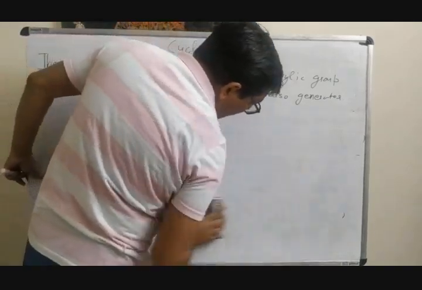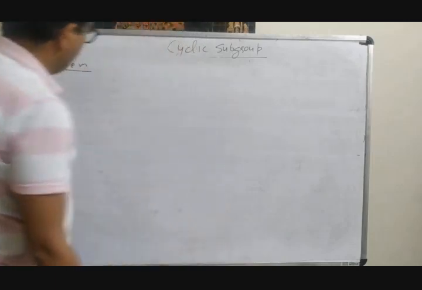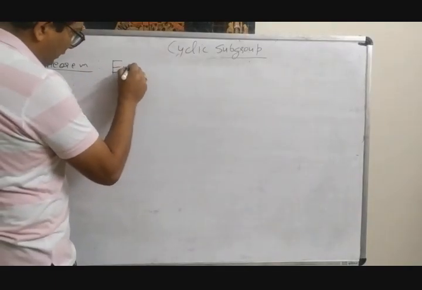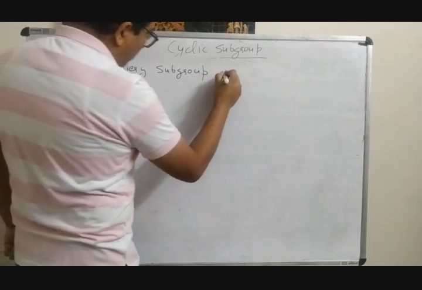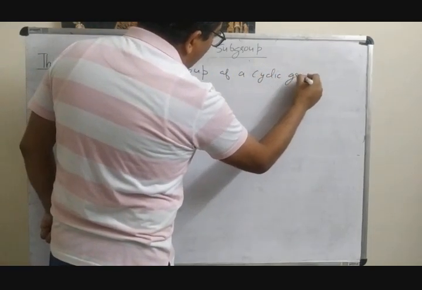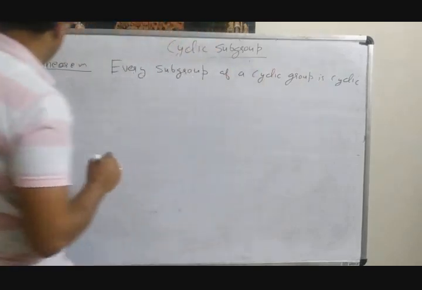So let's prove it. So what is the theorem? Every subgroup of a cyclic group is cyclic.